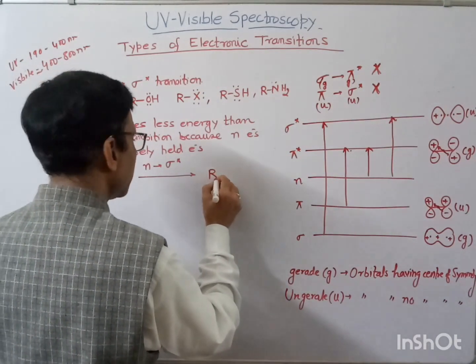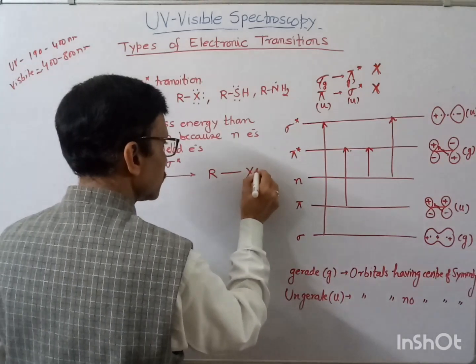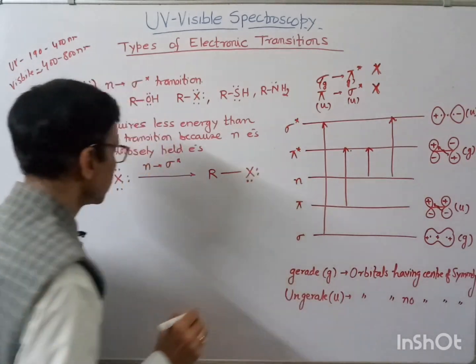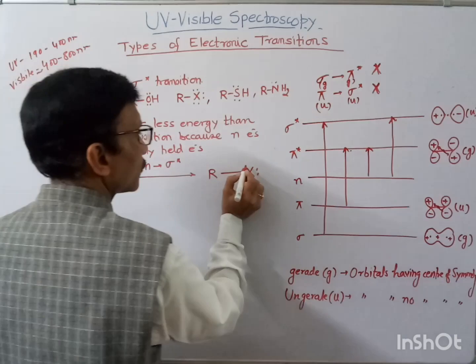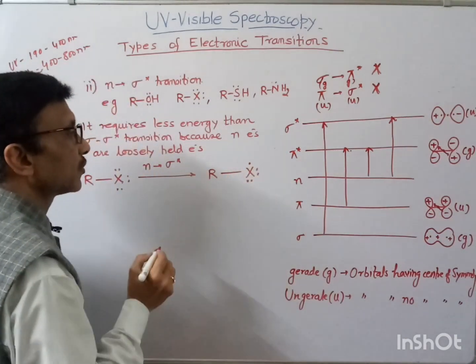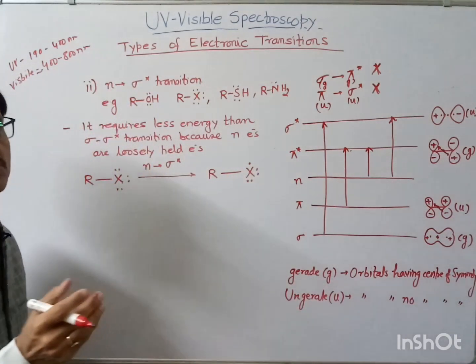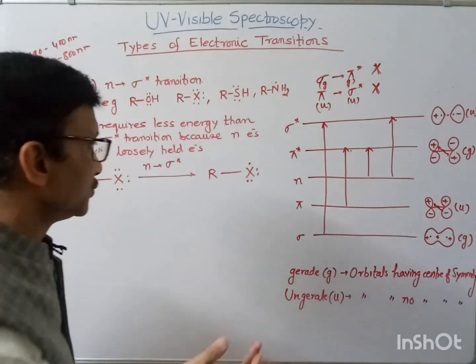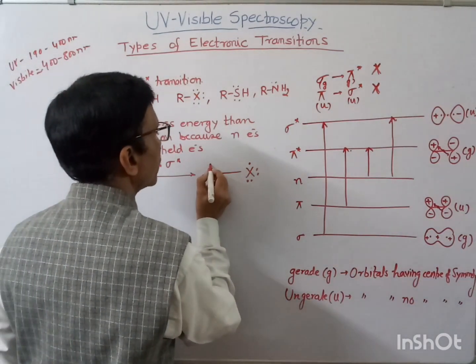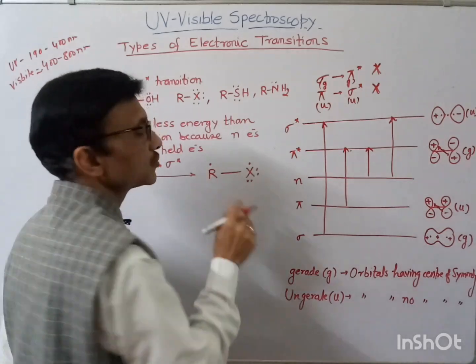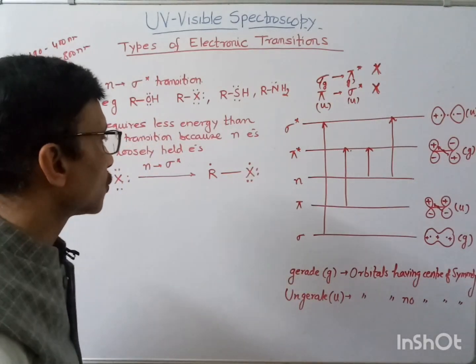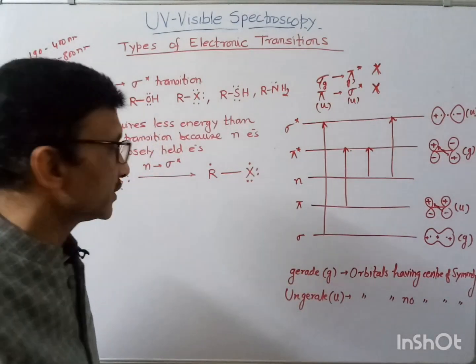As it contains three lone pairs, one electron remains here, and one of the electrons gets excited and goes into the anti-bonding region, like this we may represent it.